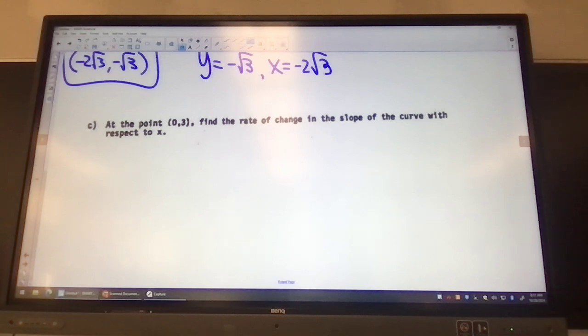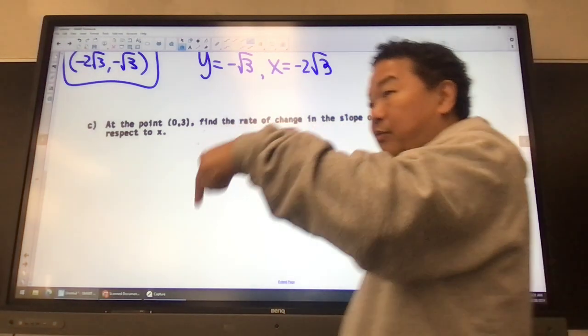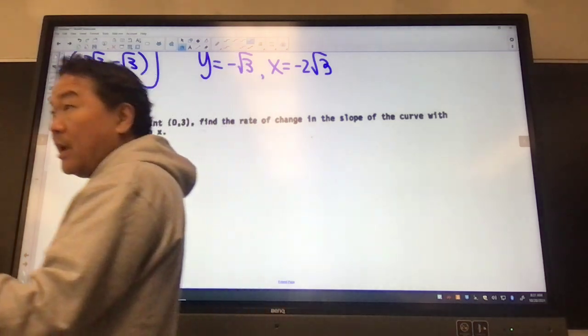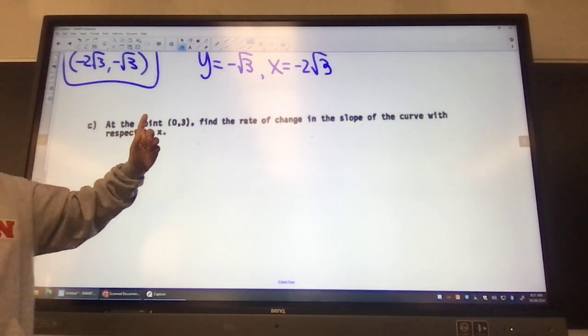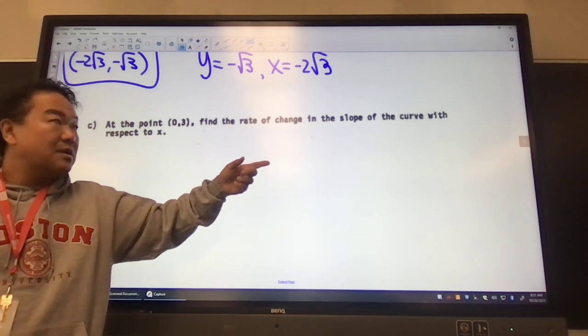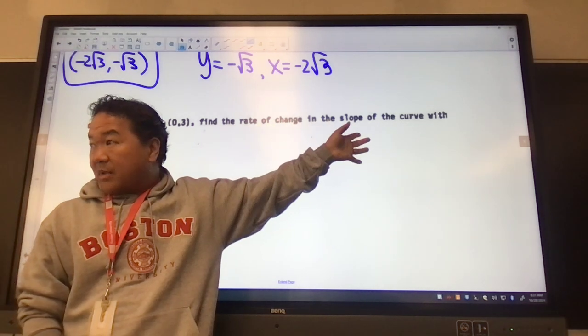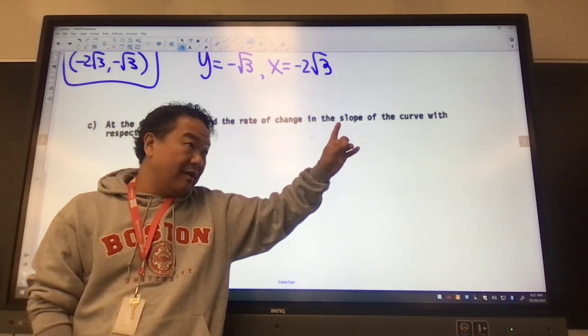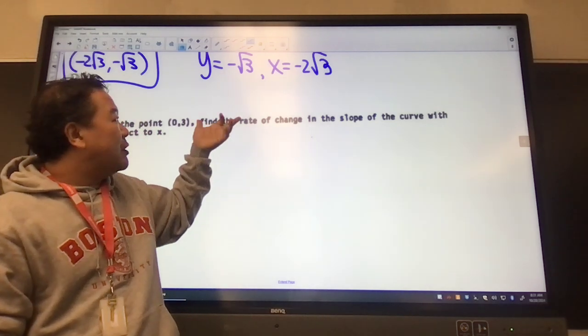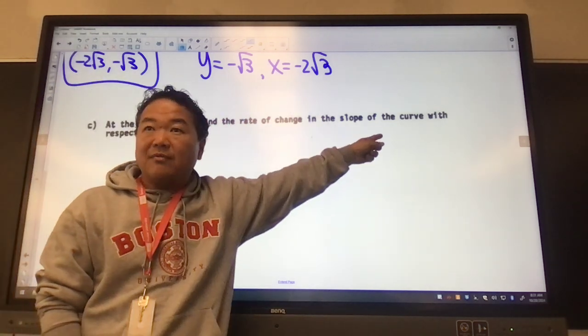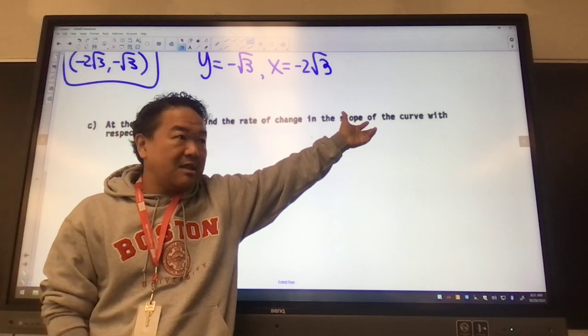But when I take the first derivative, it is the rate of change of the original function, f. But in this question, what are they referring to? Find the rate of change in the slope. So slope is synonymous to what? Finding the first derivative of the original function, isn't it? So it's almost like I want you to find the derivative of the derivative, a derivative of the first derivative. That's basically what they're saying.